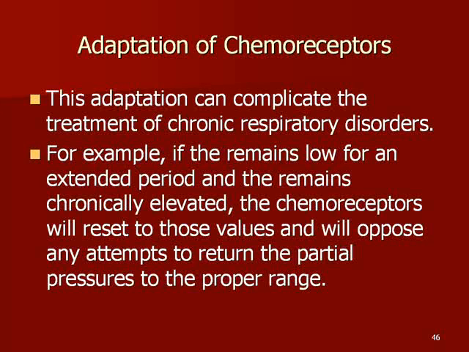So remember, in conditions such as emphysema or chronic obstructive pulmonary disease, our drive to breathe is based upon our CO2 levels. In patients with chronic illnesses such as this, the CO2 level becomes chronically elevated over time. Where a normal CO2 level may be 36 to 40 millimeters of mercury in a normal individual, patients who suffer from chronic obstructive pulmonary disease have a chronic elevation in the PCO2 to levels of around 50.